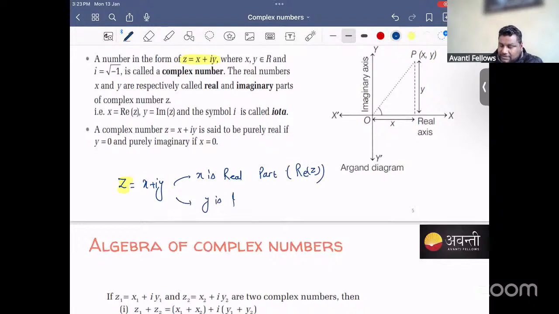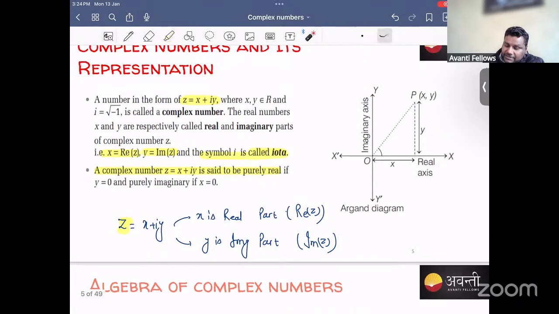Y is the imaginary part and it is expressed by imaginary part of z. So if real part of z is x, imaginary part of z is y, and the symbol is called iota. So the complex number z, x plus iota y, is called purely real if y is 0 and purely imaginary if x is 0. This is what I have already explained to you.